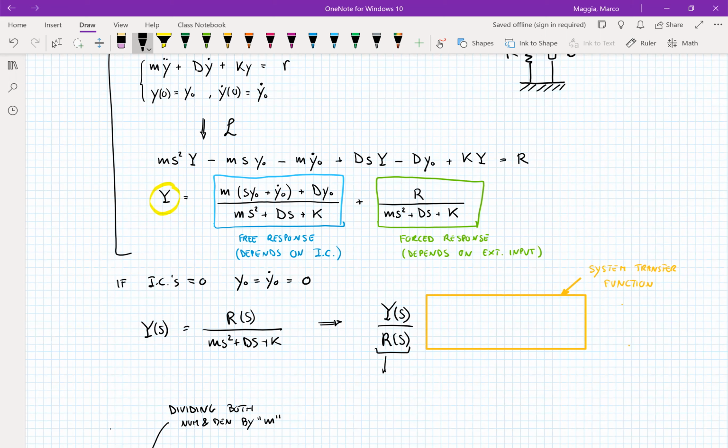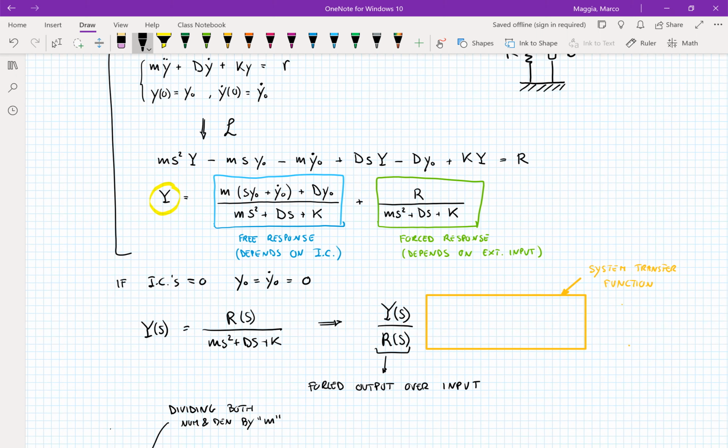Let me just be clear: I said that this is the ratio between the output and the input when the initial conditions are equal to 0. That is correct. Or you can simply say that this is the forced output over the input, whichever expression you prefer. Those two are equivalent.